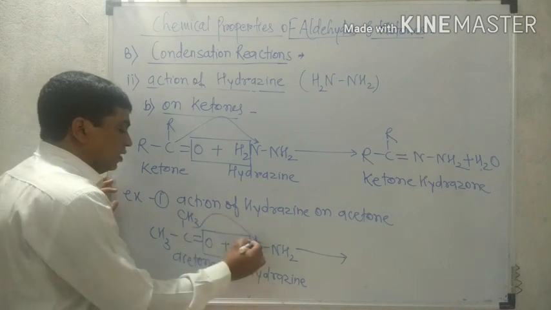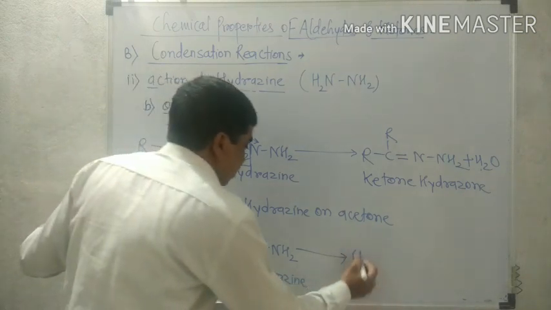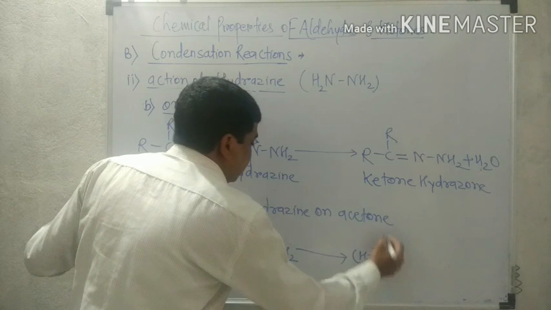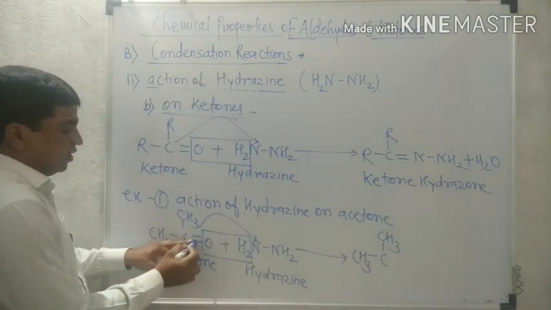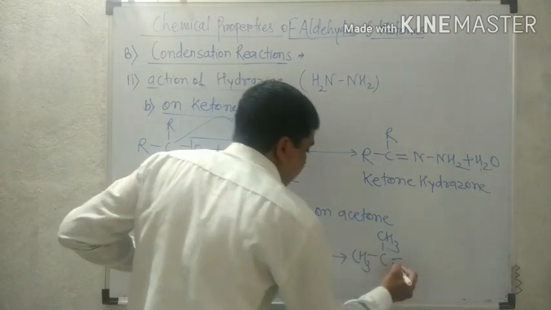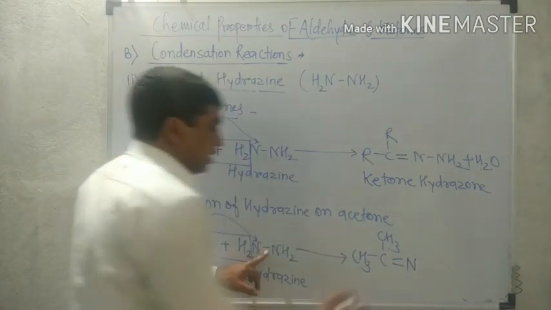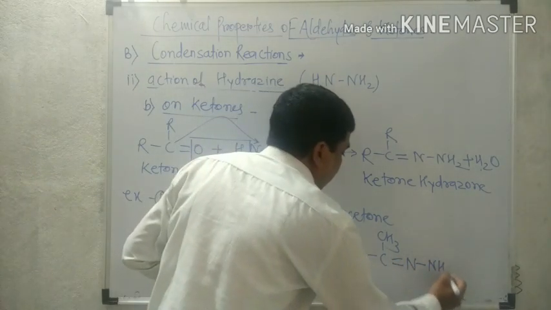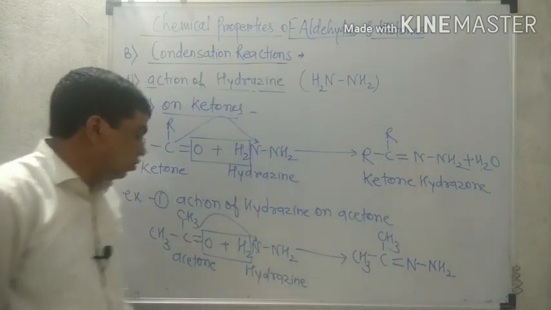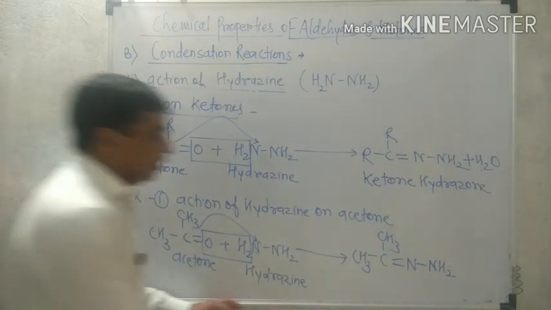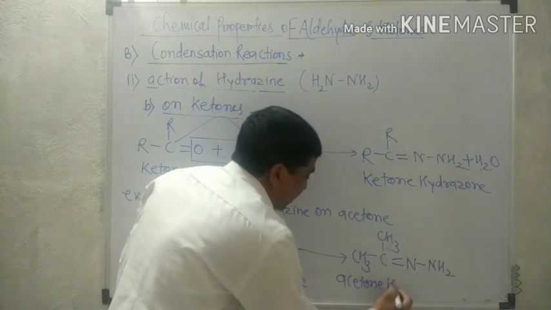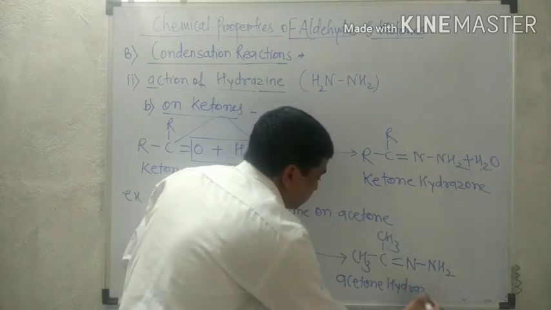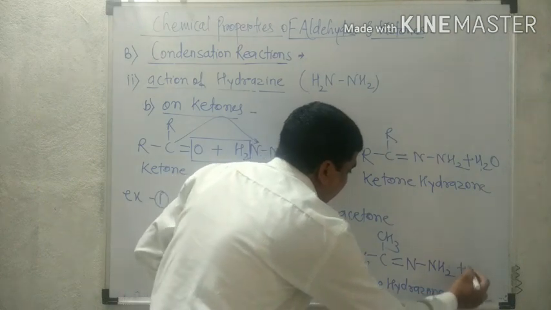The double bond forms with nitrogen. So here we get (CH3)2C=N-NH2, with the remaining single bond NH2. This hydrazone is formed by acetone, therefore it is known as acetone hydrazone, plus water.